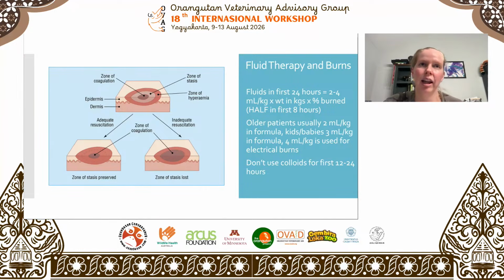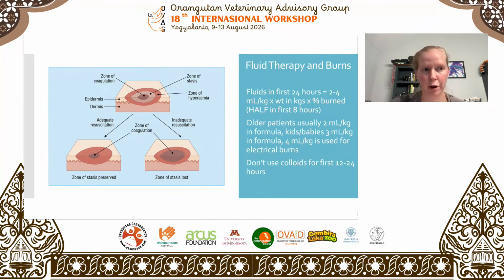If you get a 50-kilogram female orangutan in, and say 20% of her body is burned, and you might give her 20 mL per kg, so a whole liter of fluids, as some fluid boluses, because she seems unstable when you first rescue her out of the forest.